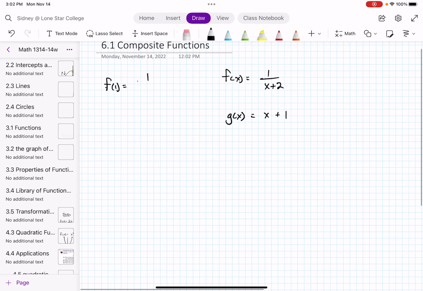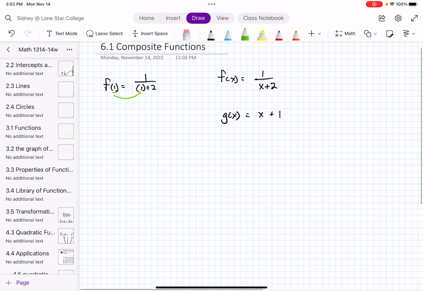So that would mean 1 over 1 plus 2. So I had this value 1, and I plugged it in where x was, so right there. And then I look at that and evaluate that, clean that up, and that gives me 1 over 3. So f of 1 equals 1/3.